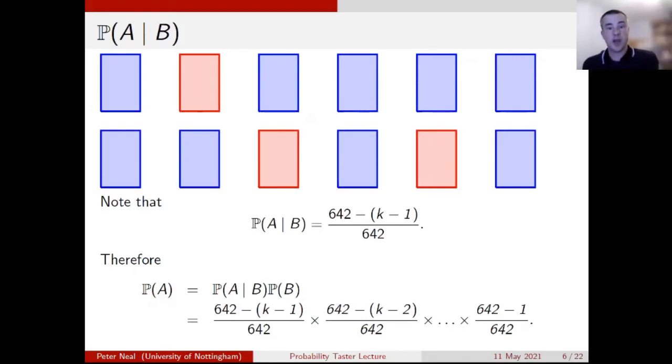So in this way, we can write the probability of A, so that the first K or the first 30 stickers are distinct, as just a product. So just multiplying together these fractions, which all have denominator 642, the total number of stickers, but each numerator is decreasing by 1 each time as our chances or the number of options for a distinct sticker decreases.